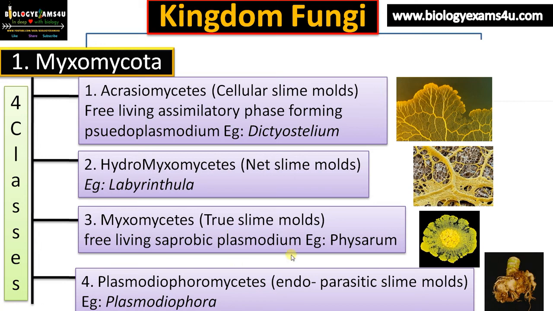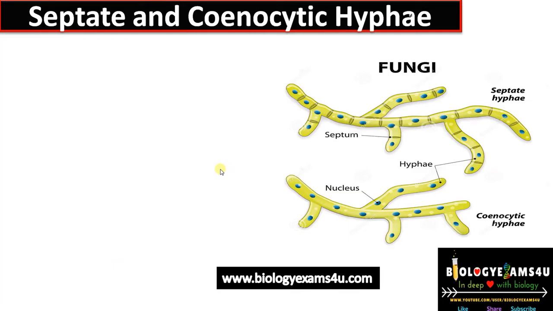So these are the 4 classes of Myxomycota according to Ainsworth. Now, as I said, this group, slime molds, are not included in the kingdom fungi. It belongs to Protista.